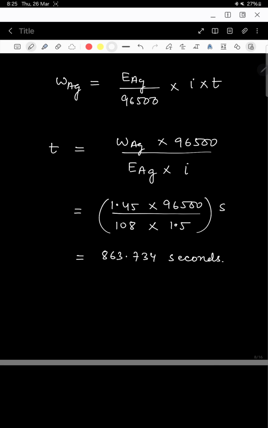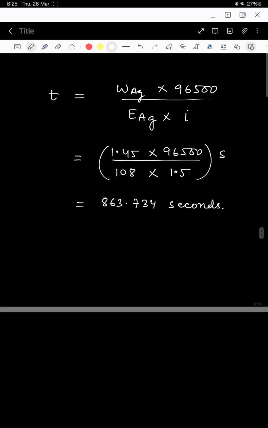You can also convert this into minutes or hours if possible, but it is not necessary if it is not asked in the question. I think it is not asked in the question. They are just asking how long did the current flow, so it is not required to convert into minutes or hours. Not required, but you can convert if you want.